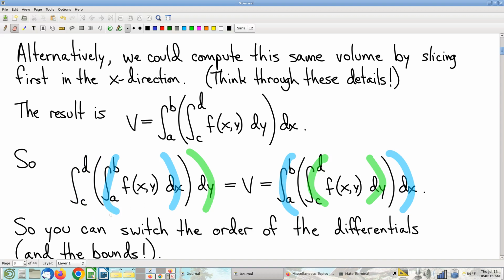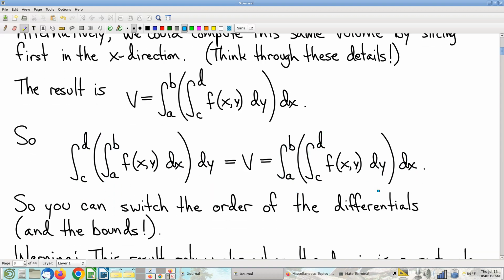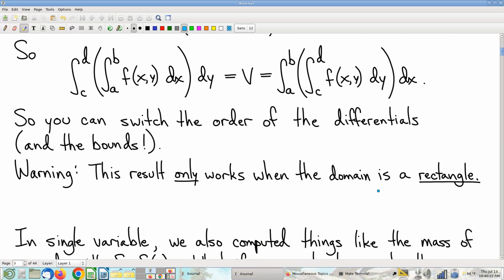Okay, now I do warn you about one thing, though. It's very tempting to get sort of excited about this idea of hey, you can just switch the differentials and switch the bounds accordingly, and cool, no problem. Be advised, this only works when your domain is a rectangle. Now, that's the only domains we've entertained to this point, right?